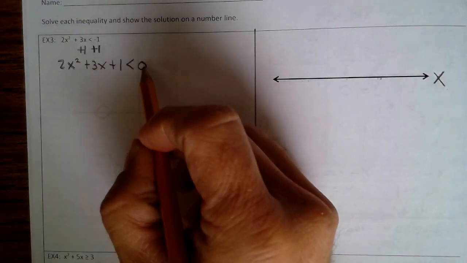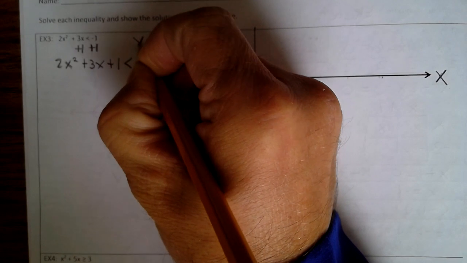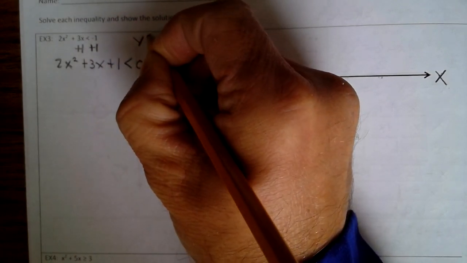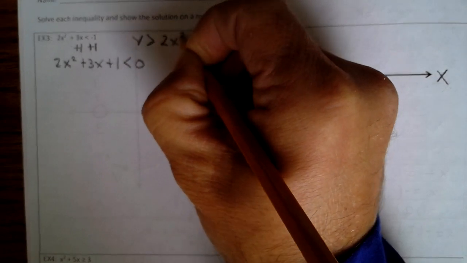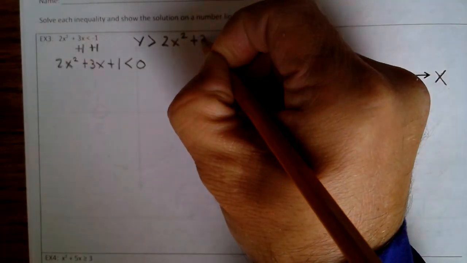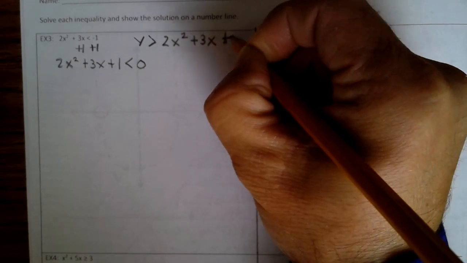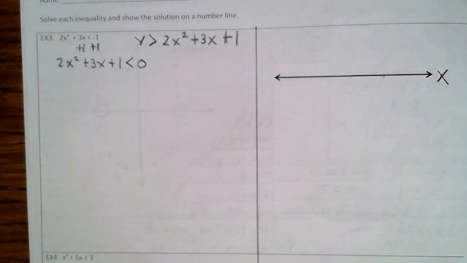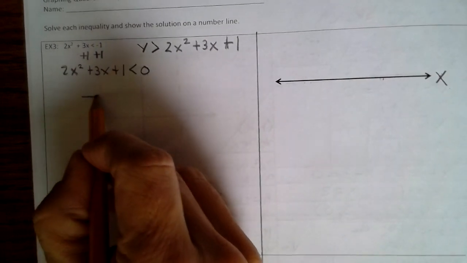But let's rewrite this with the 0 being the y value. So y greater than 2x squared plus 3x plus 1. All right. So we're going to factor using the reverse box method.